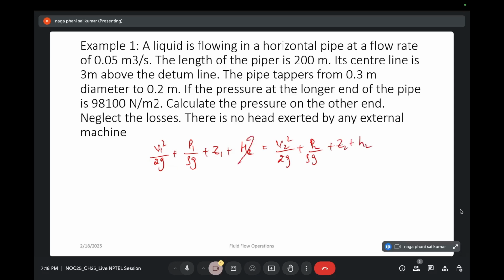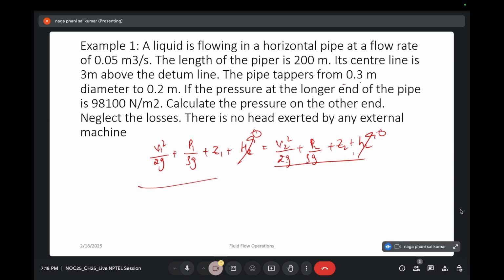So these two are 0, right? We can neglect these two terms, that is the loss side. We were given that the diameter is changing, right?